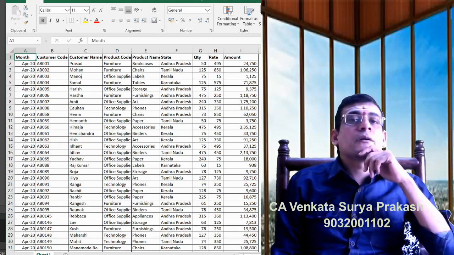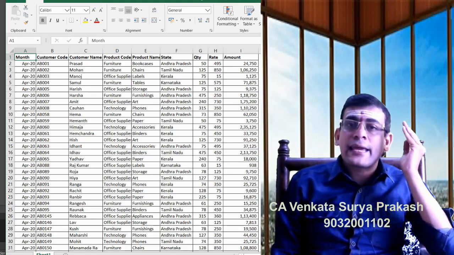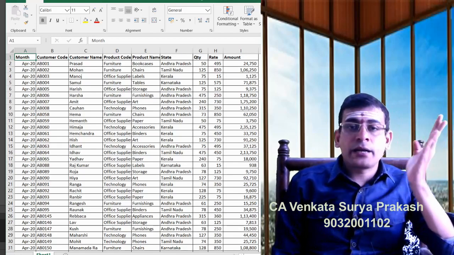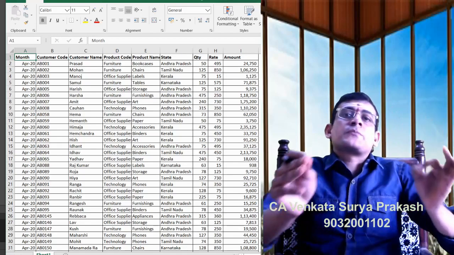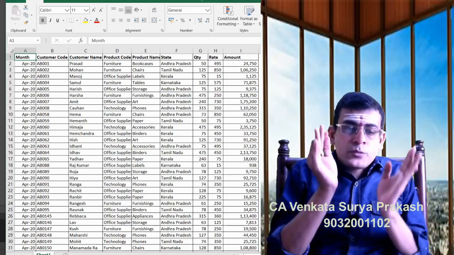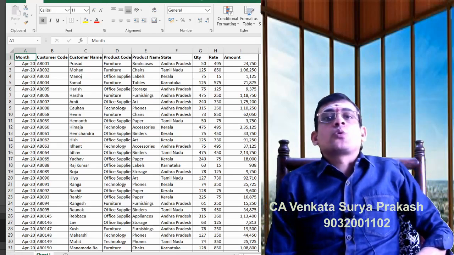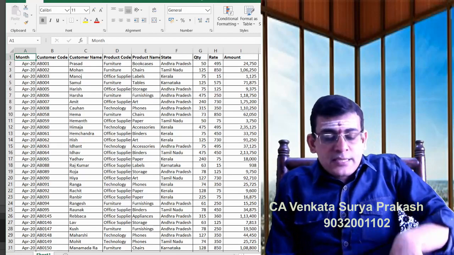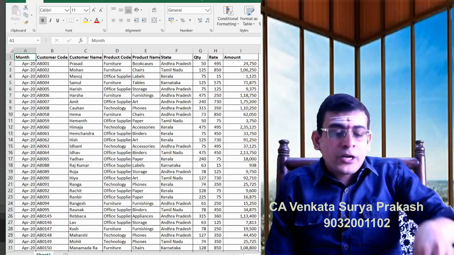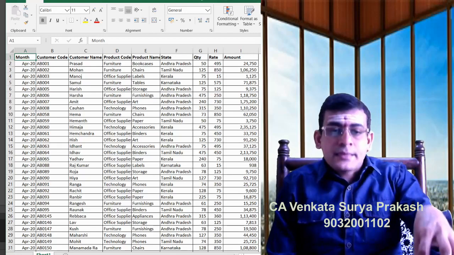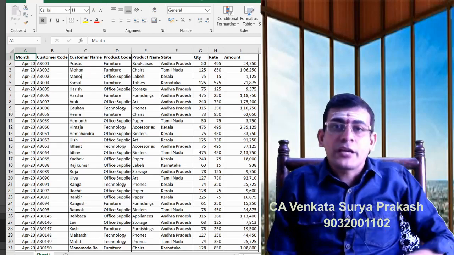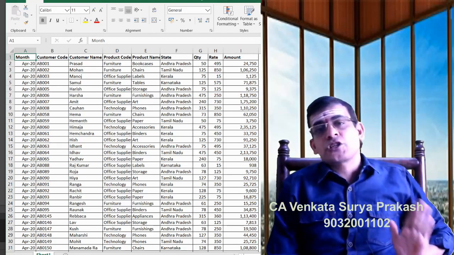Based upon that information, the management can take some sort of decision. Being a management accountant, you should convert the data into information and provide this information to the management. Then the management will take decisions based upon the information.